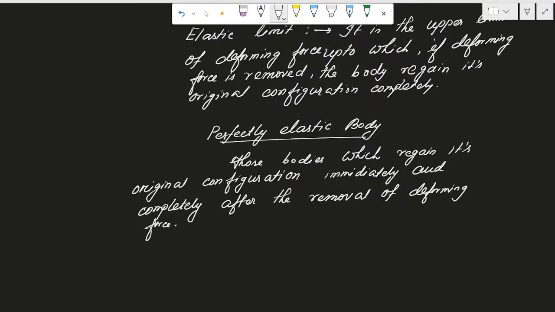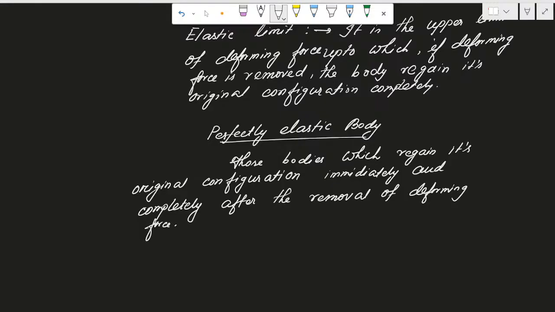So if a perfectly elastic body exists in this universe, therefore another term should come, like a perfectly plastic body. Elastic means if you remove the force, it will get back to its original configuration or shape. Now plastic means if you remove the force, it will not regain its original configuration.